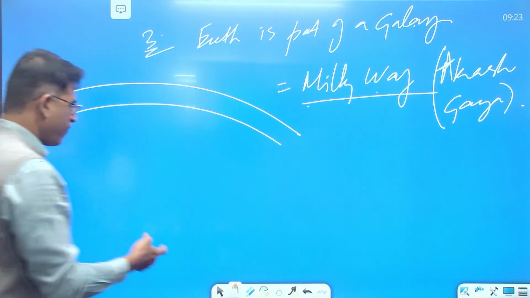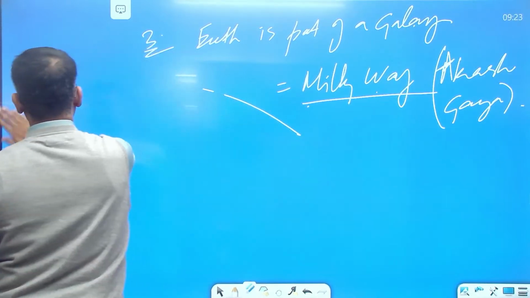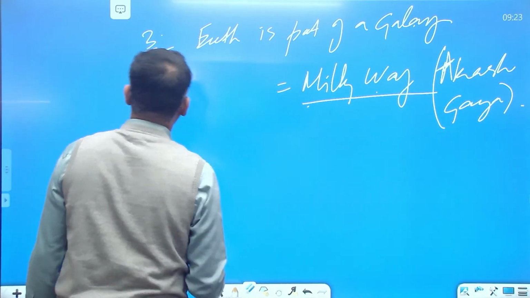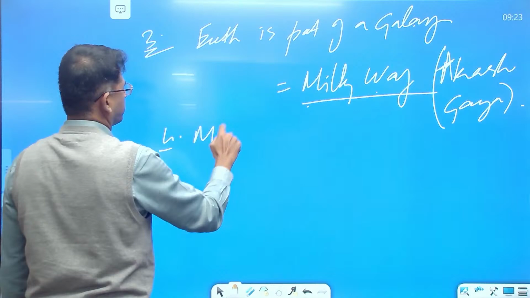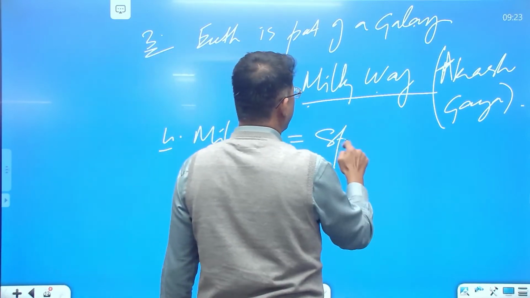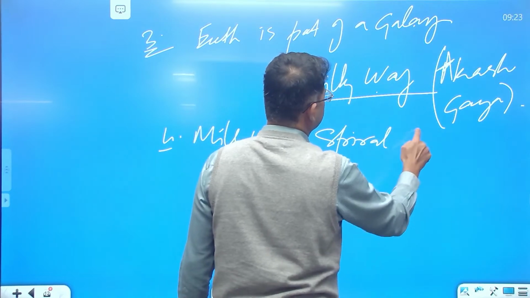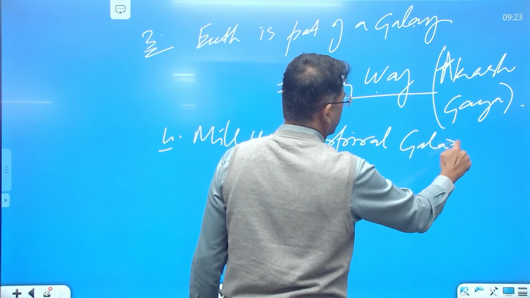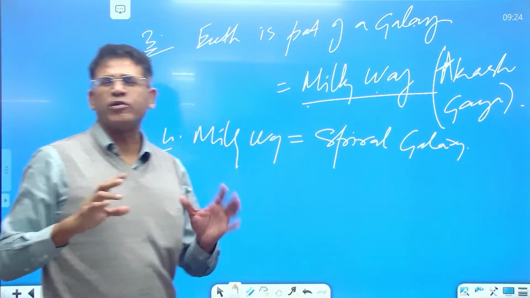Okay, that's one fact. And one more fact. Milky Way, जो Earth का Milky Way है, the Milky Way is an example of a spiral galaxy. Galaxy different type के होते हैं.